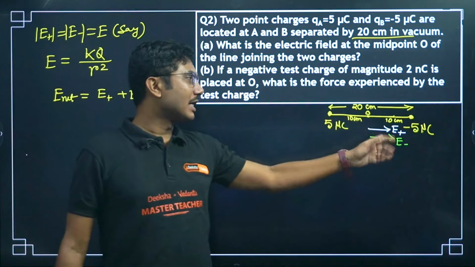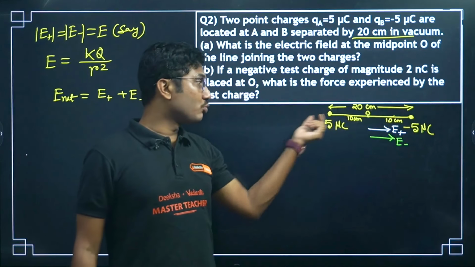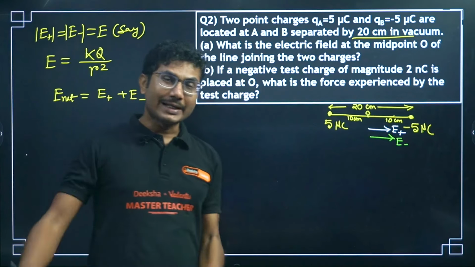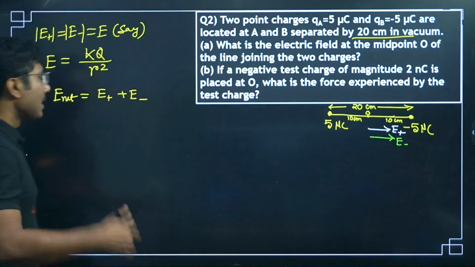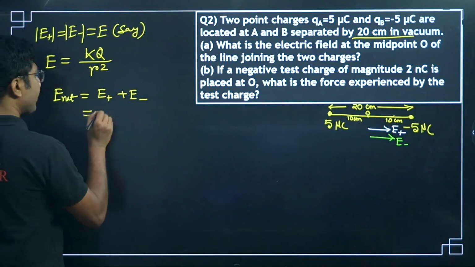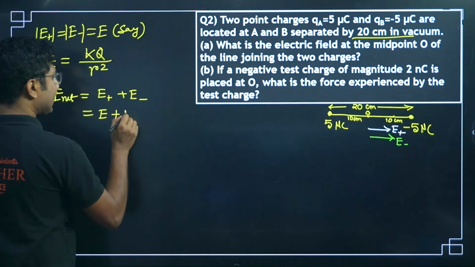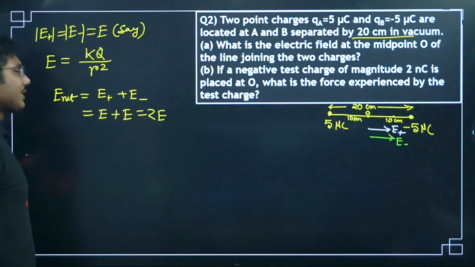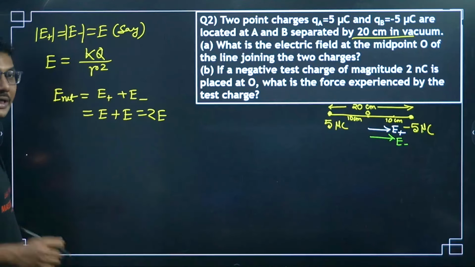In some cases, suppose both are positive, one is in this direction and another in the opposite direction, then you have to subtract. In this case, both are in the same direction and magnitudes are also the same. So we can write this as E plus E, that is equal to 2E. So this is the net electric field that we are trying to find.